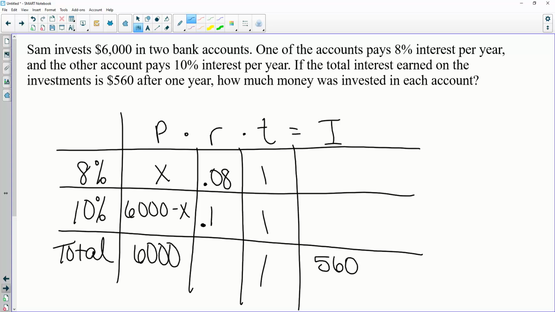How much was invested in each account? So now what do we do? Okay, 6,000 minus X times 0.1 times 1. And then how do we write our equation?